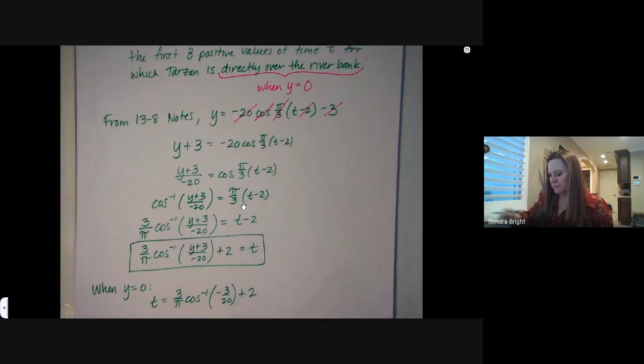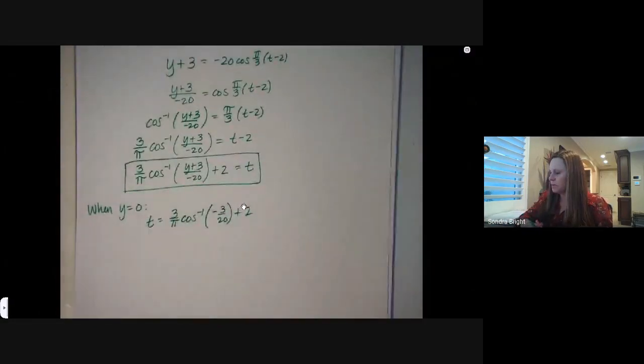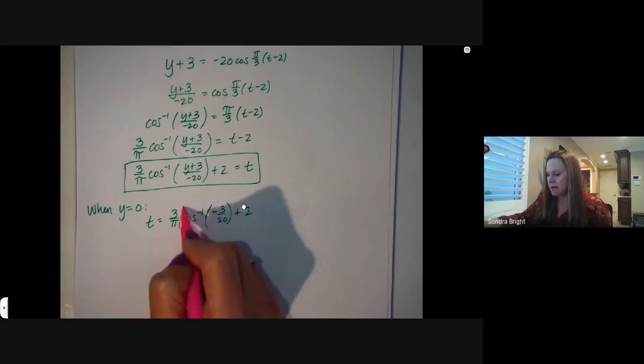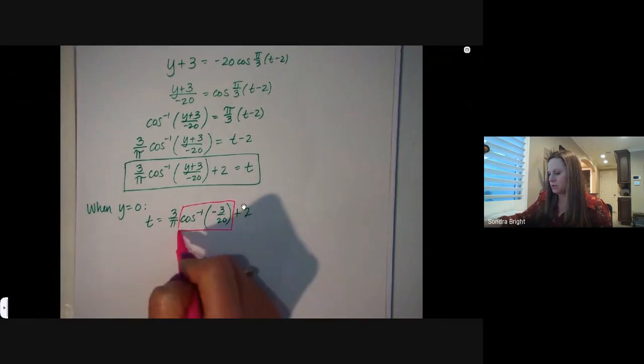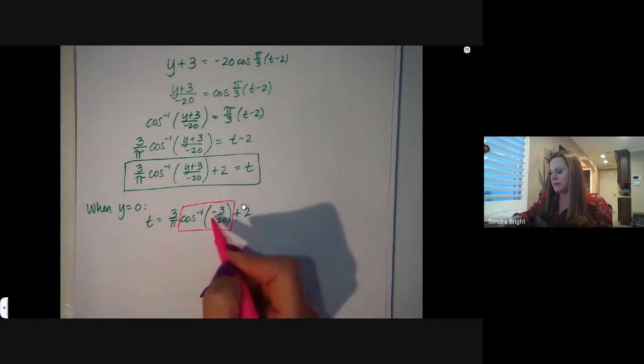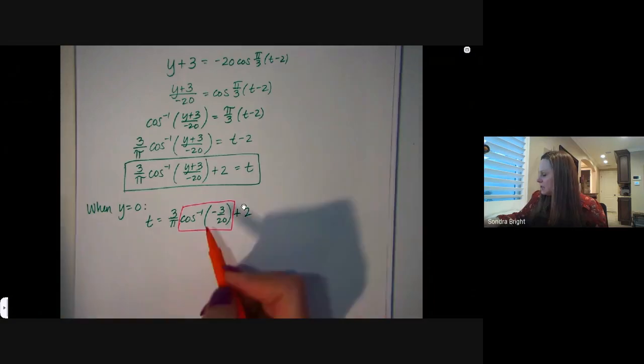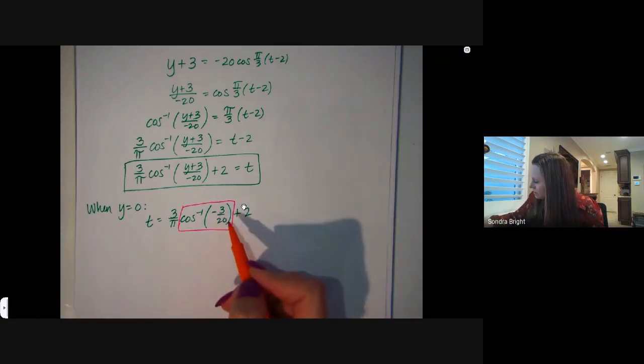And if you remember from yesterday, you're not going to put the whole thing in your calculator. You're just going to put inverse cosine of negative 3 over 20, because here's the dealio. That's a negative cosine value, so your calculator is going to give you the quadrant 2 answer.